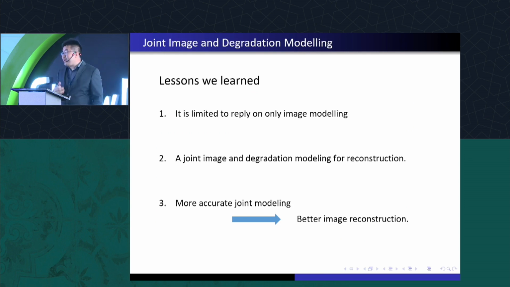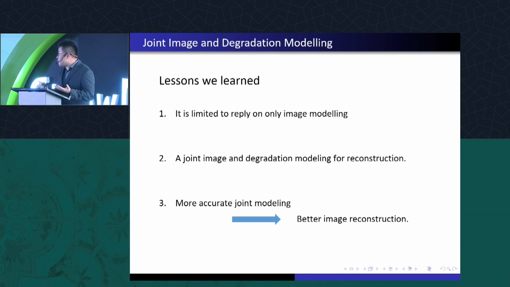I want to summarize the lesson we learned through all of this practice. We would like to argue that sometimes it is limited for restoration to only rely on image modeling, even though we have lots of good tools for image prior, image modeling. For image restoration in practice, maybe a better idea is to have a joint image and degradation modeling for reconstruction.